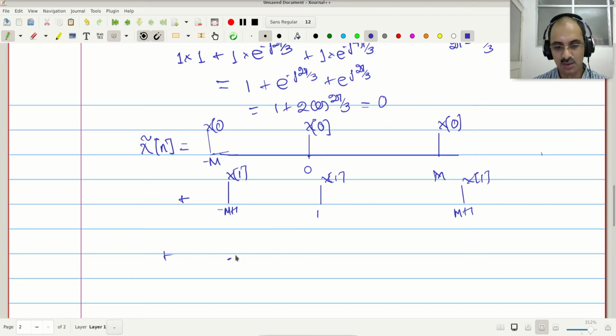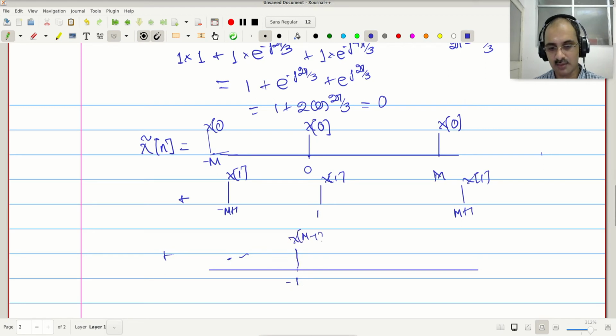Plus, and so on, till you get to, I think this is minus m, this is 0. So you get, I think, till minus 1, the value is x of m minus 1. At m minus 1, the value is x of m minus 1, and so on.